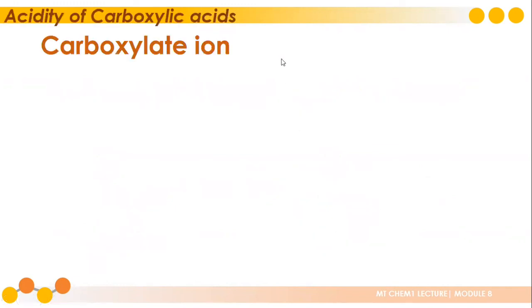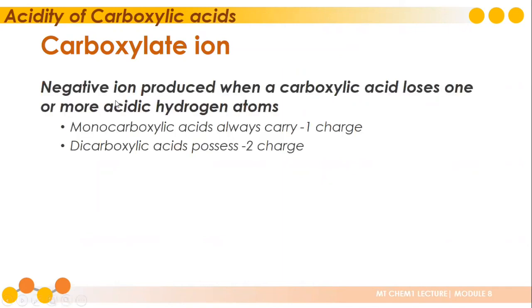Now, what is this carboxylate ion that we are talking about? It is a negative ion produced when a carboxylic acid loses one or more acidic hydrogen atoms. Again, when you mix a carboxylic acid with water, since it's a weak acid, it loses its acidic hydrogen atom, leaving us with a carboxylate ion, which is a negative ion.